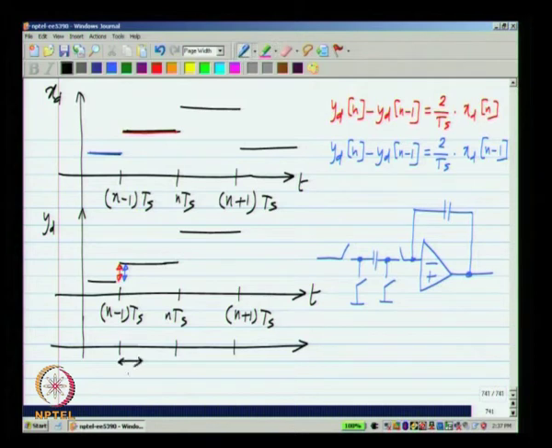Let me call this phi 2 and this one phi 1, okay. This is just some convention that I have used. So, what this means is during the phase phi 2 the output voltage changes, okay, that is what this is showing, and in phi 1 it is constant, okay.